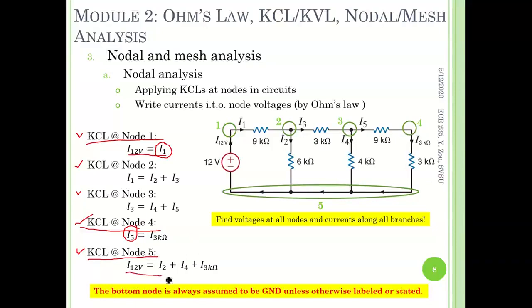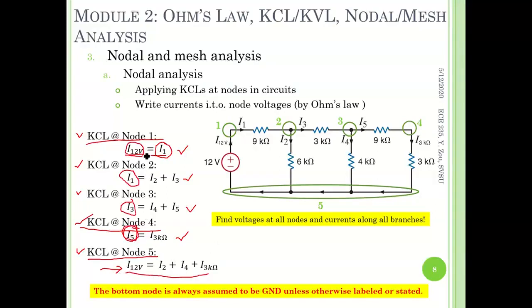Well, if you add equations 1, 2, 3, 4 all up together, you're going to end up with this 5th equation.